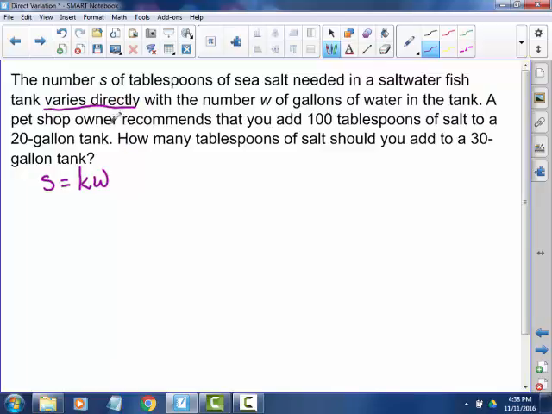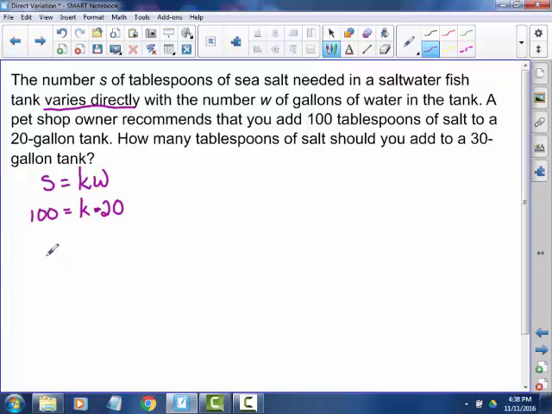So a pet shop owner recommends that you add 100 tablespoons of salt to a 20-gallon tank, so that's W, so k times 20. How many tablespoons of salt should you add to a 30-gallon tank?